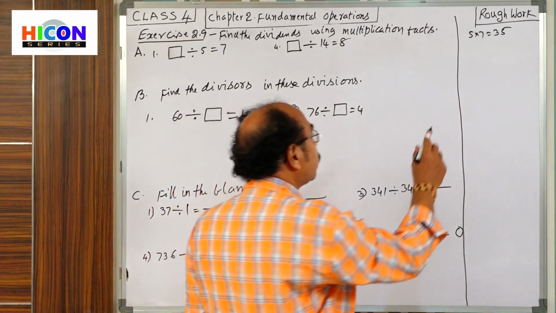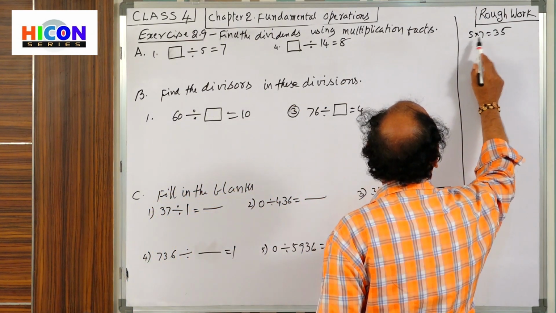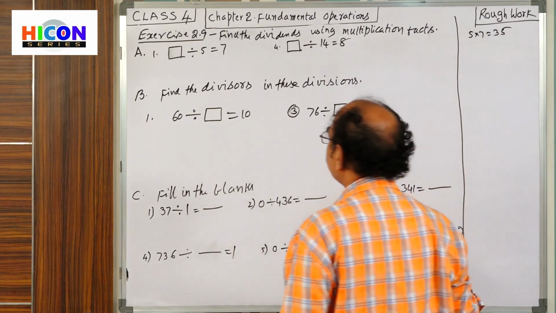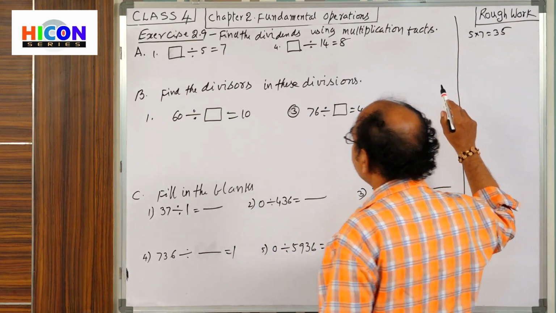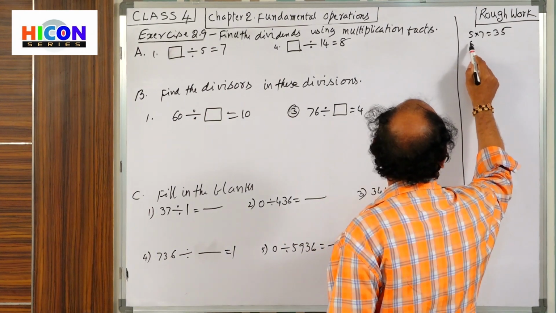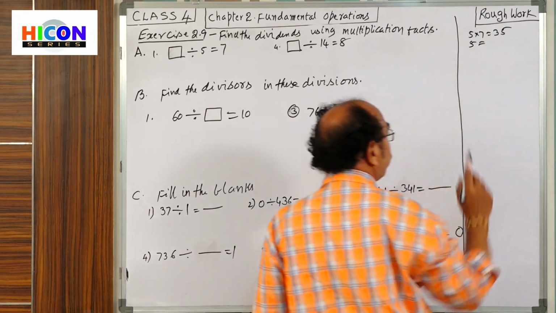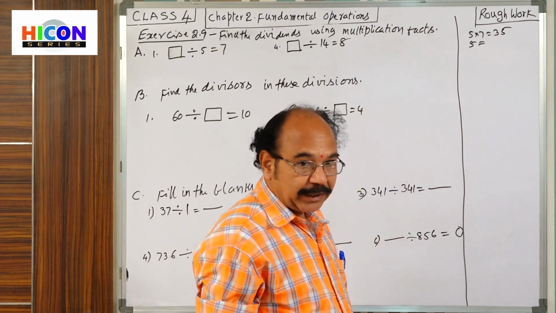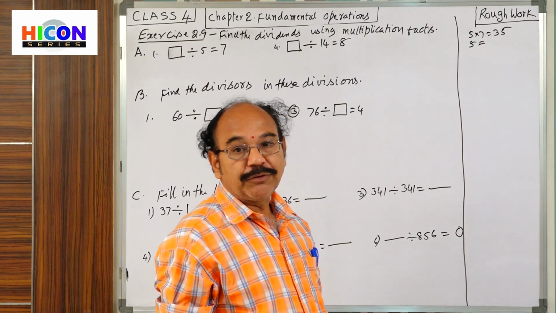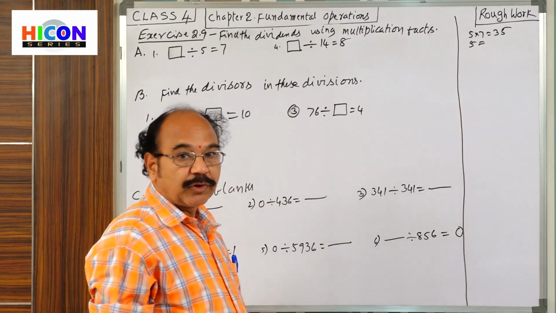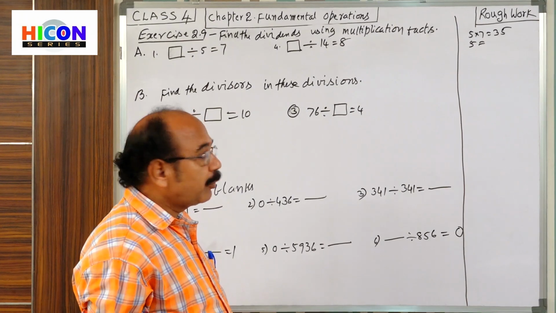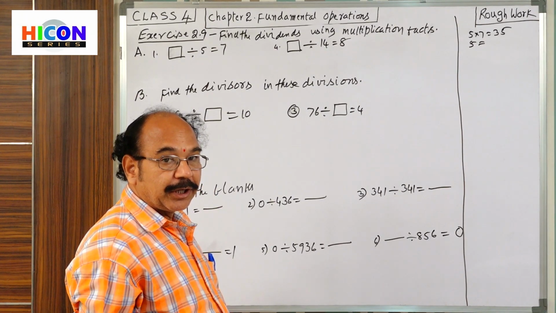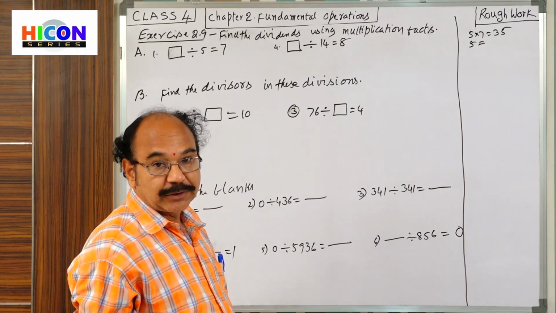Here, the box is 5 is equal to 35 divided by 7. From every multiplication fact we can write two division facts.